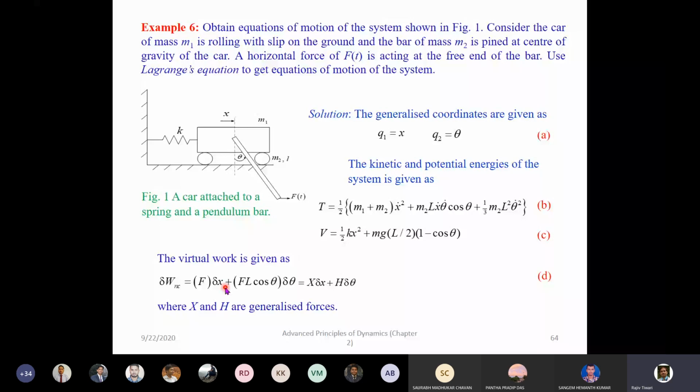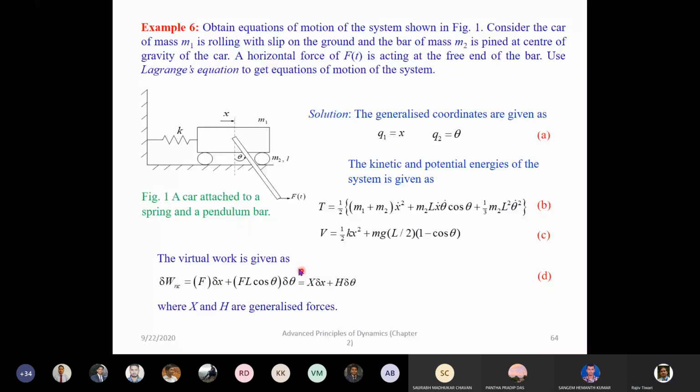Once we have the total displacement of the point where the force is acting, we can take the variation of that particular displacement. That will give two components: one will have the variation of x, and another will have the variation of theta.